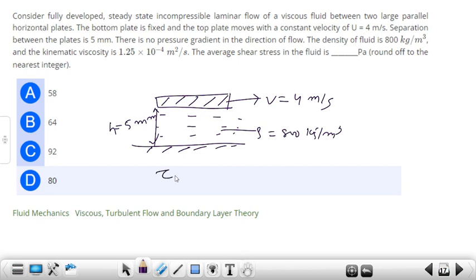So we know from Newton's law of viscosity tau is equal to mu dv by dh. So we have to find the average shear stress, which is tau equal to mu.